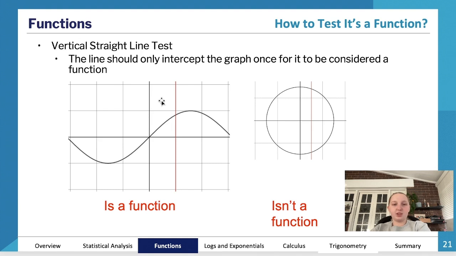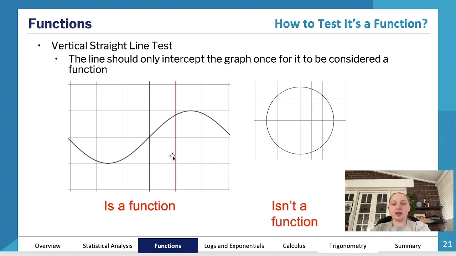And the way we do that is through the vertical line test. So this is the test you use anytime you want to test whether a graph is or is not a function. When you draw a straight line down a graph at any and every single point on this graph, that graph will only intersect your straight line once.